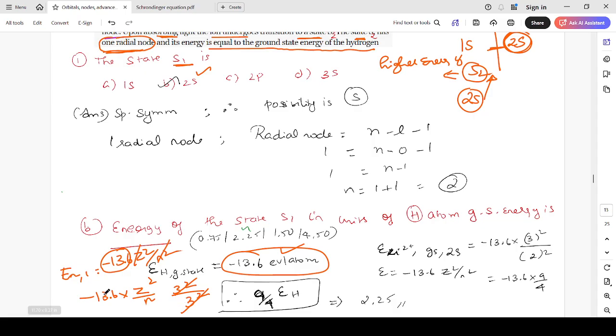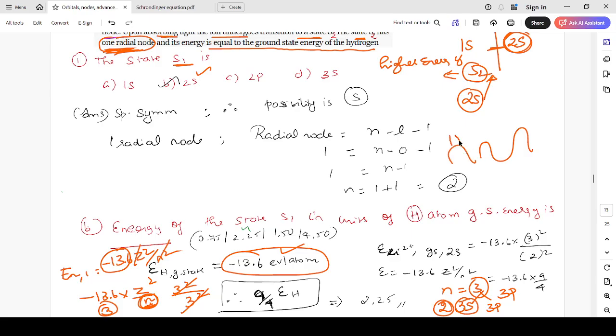So it should definitely be in the third shell, and it has one radial node. You said n is 3, so how can it be 4D? When n is 3, you have the possibility of 3s and 3p. 3s will have two radial nodes, between 1s, 2s and 3s.